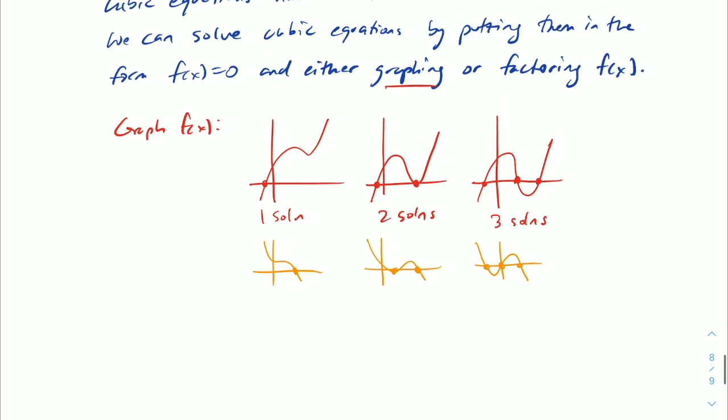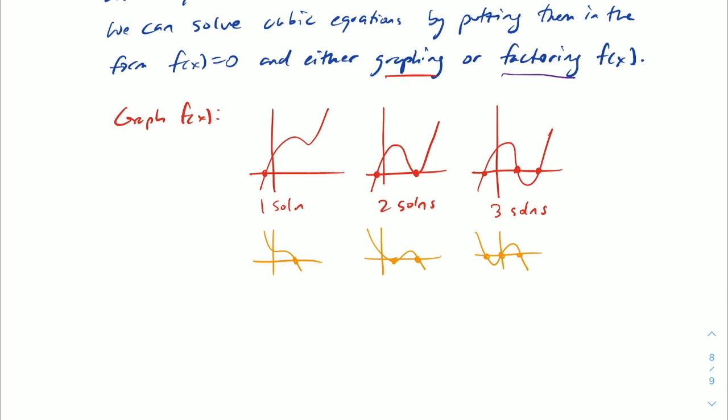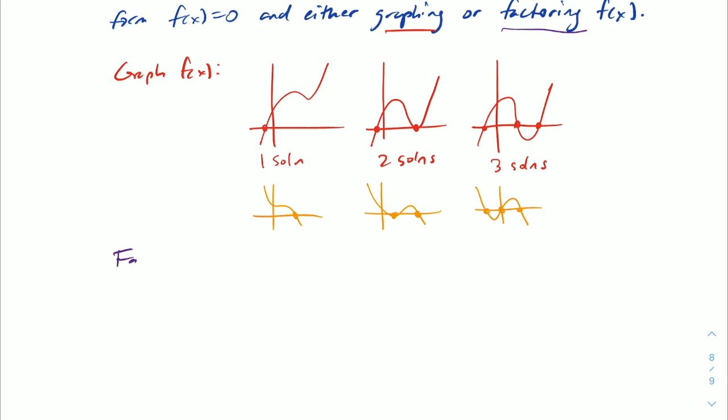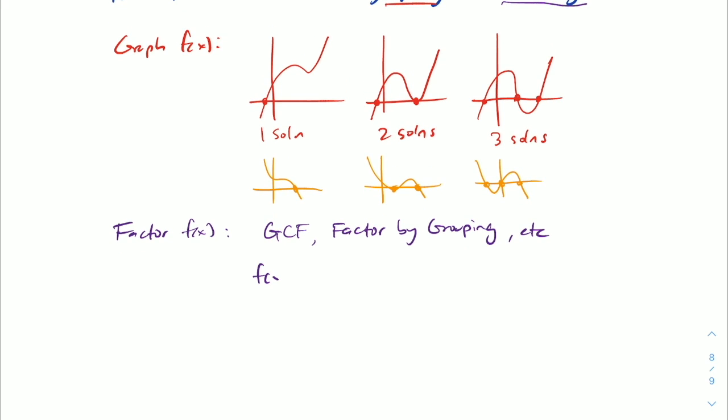Okay, so now let's talk about factoring f of x. Our techniques for factoring, we could use GCF, or factor by grouping, difference of cubes, etc. Once we factor, we're going to have one of these 3 options.